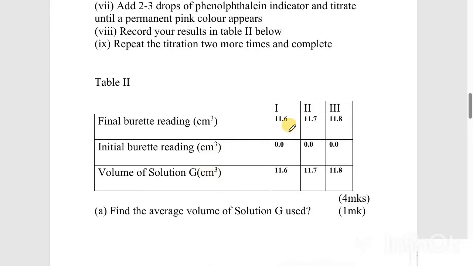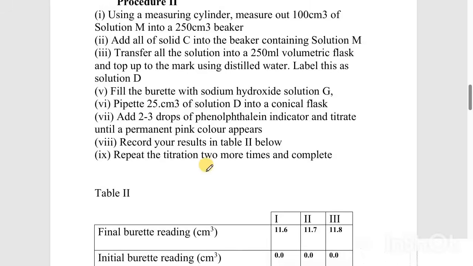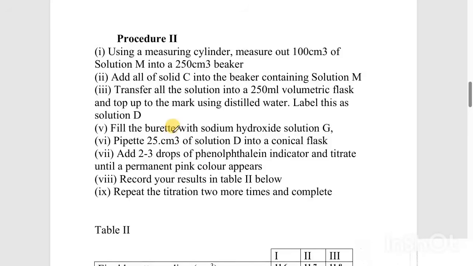So this is the table I have here, but I want you to understand what is happening in the procedure, because I've always told you the procedure is the chemistry, the practical we are talking about. Now we are adding solid C into a 250 beaker, then it is going to react with 100 centimeters cube solution of HCl, right?